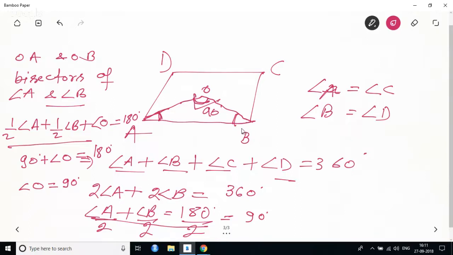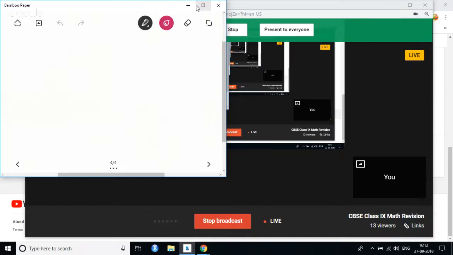So this you can go through, this is not that difficult. Okay, next one. This is the last theorem.